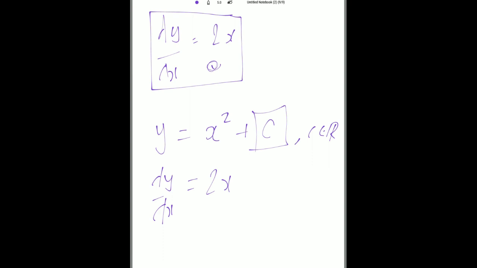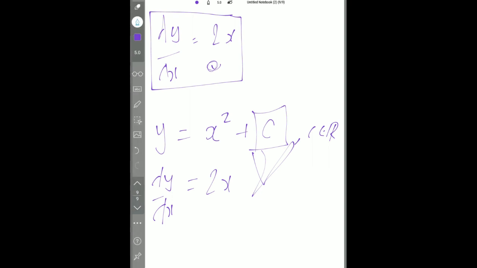So when we integrate, we are supposed to have a constant there to represent that. Sometimes that constant is 0, but other times that constant can be any number. So in mathematical notation, we say that the integral of 2x with respect to x would be equal to x squared plus c, where c is some real number.